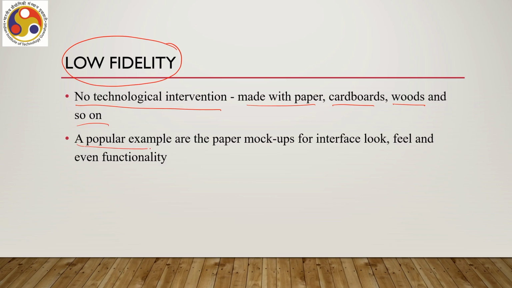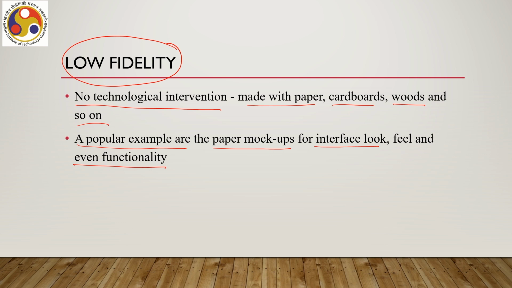A popular example of such prototypes are the paper mock-ups for interface look, feel and even functionality. So, although we are using the term low fidelity, it does not mean that we will not be able to implement vertical prototype. Intuitively, low fidelity are primarily associated with horizontal prototyping.